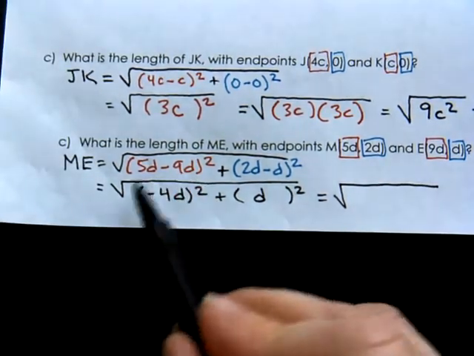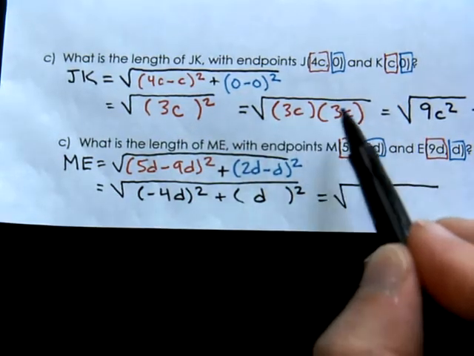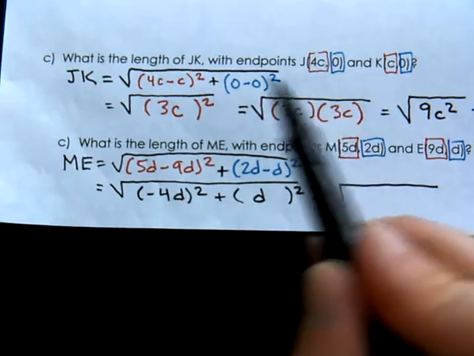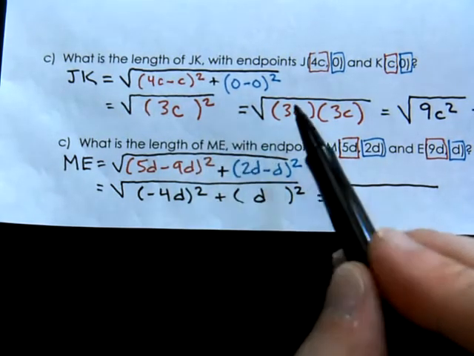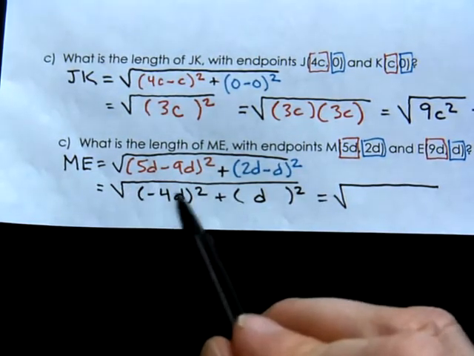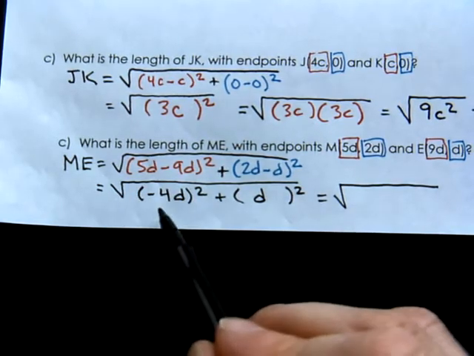So when we are squaring, remember, that's what we saw up here. That means you have two of these expressions that are being multiplied together. In the previous example, we had a 3c quantity squared, so that meant 3c times 3c. So think about our example now. We have a negative 4d quantity squared. That means you have two of these.